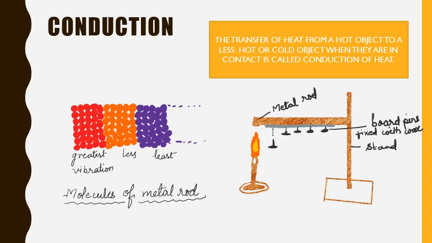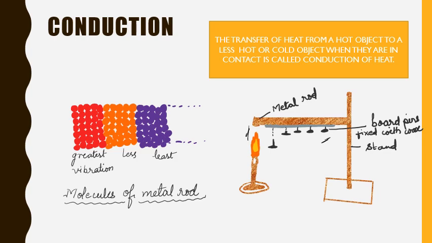Take a metal rod and fix pins using wax along its length like this in the picture. And they should be at different intervals at some distance from each other. And then start heating one end of the rod like this. What will you observe?